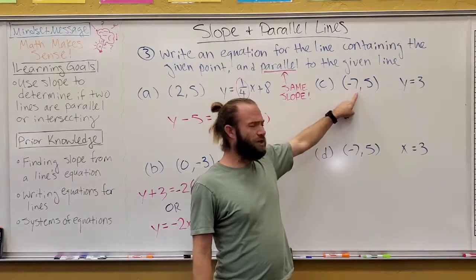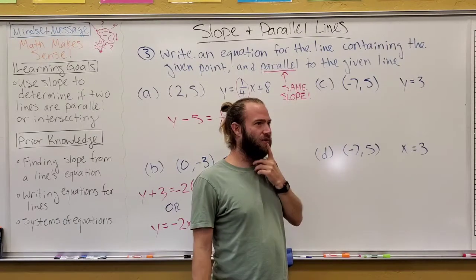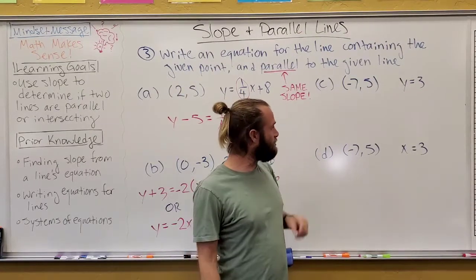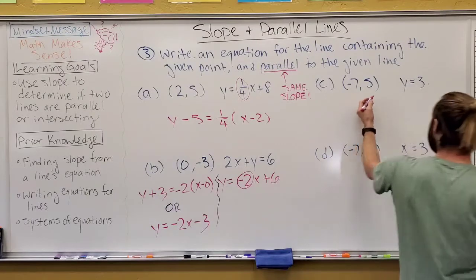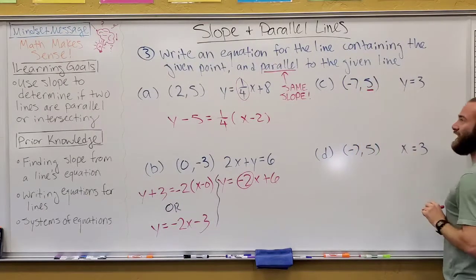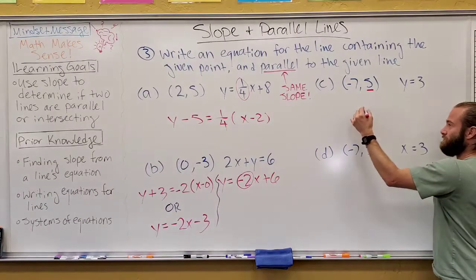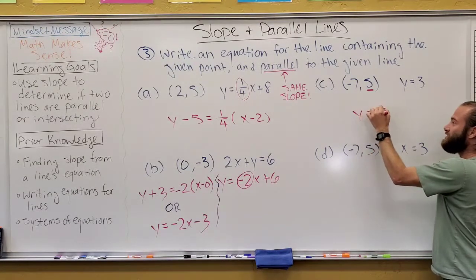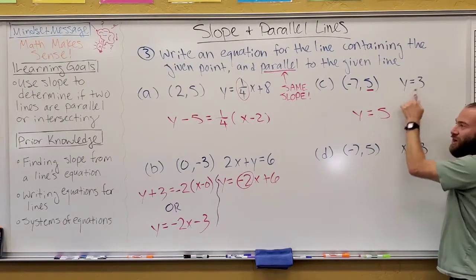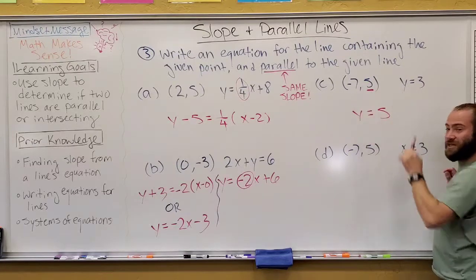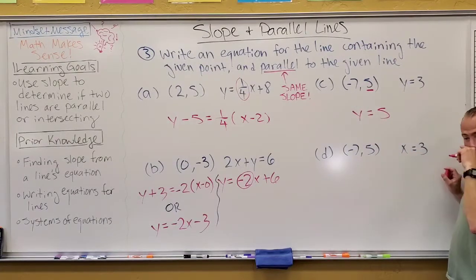Well, if we want to go through the point (-7, 5), what horizontal line goes through the point (-7, 5)? All that matters is that we have the y-coordinate fixed, right? So y equals 5 is going to be parallel to y equals 3, and that point is going to have to be on it. And that's it.